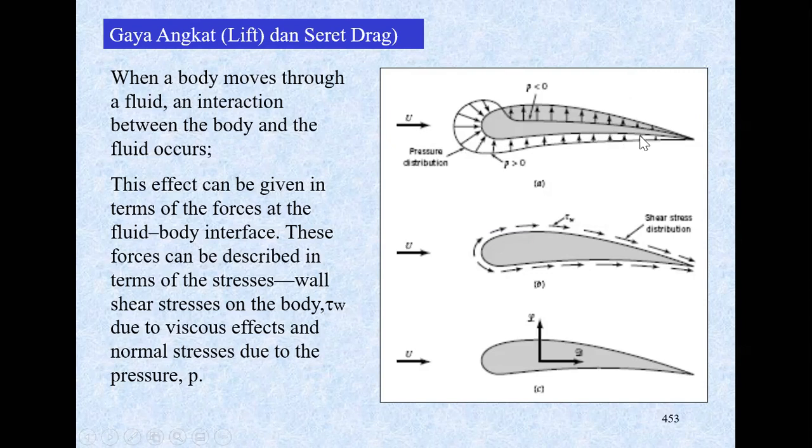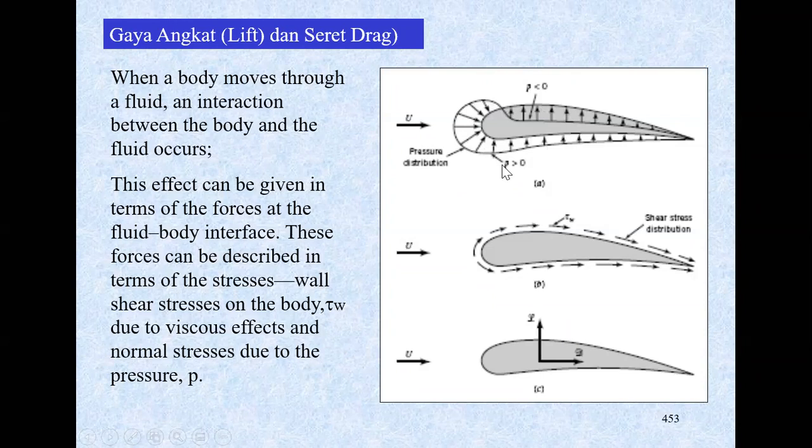As you can see, the pressure at the bottom is highest at the front, but at the top of the airfoil you actually have a negative pressure compared to the bottom one. So that's what creates lift actually.